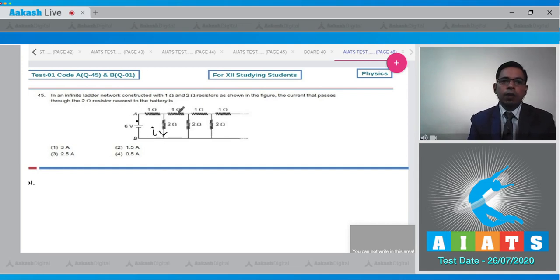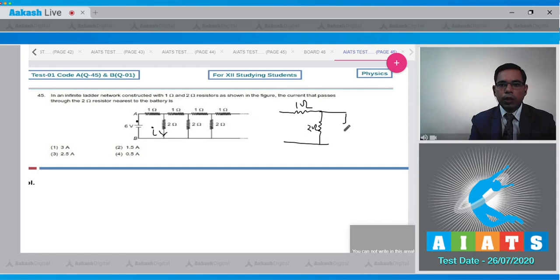Now first of all we have to calculate the R equivalent of the circuit using the infinite ladder network. Let this circuit be like 1 ohm, 2 ohm, and here this network is further repeated.